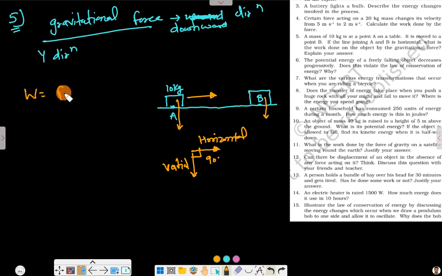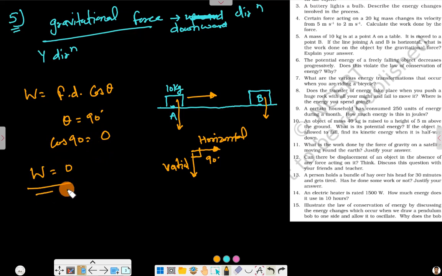Work's formula is force into displacement into cos of theta. And if theta is 90, cos 90 is 0. So work is 0. You just have to see the direction of force and then the direction of displacement. From that you can find out if there is any type of work or not.